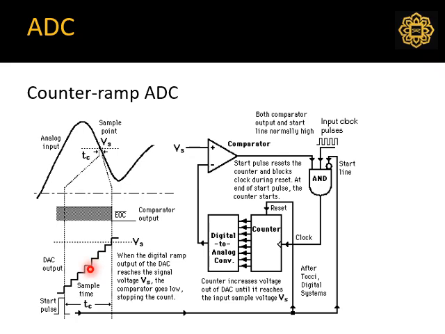Once this value is the same as the input, it will stop the counter, and you will get the digital value of that particular voltage Vs. So this is the way of doing this.